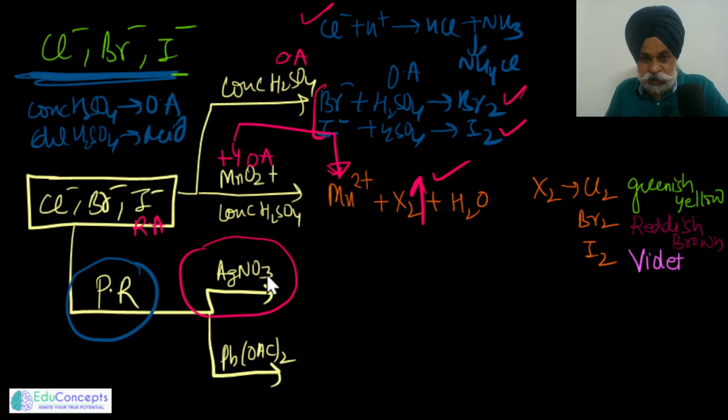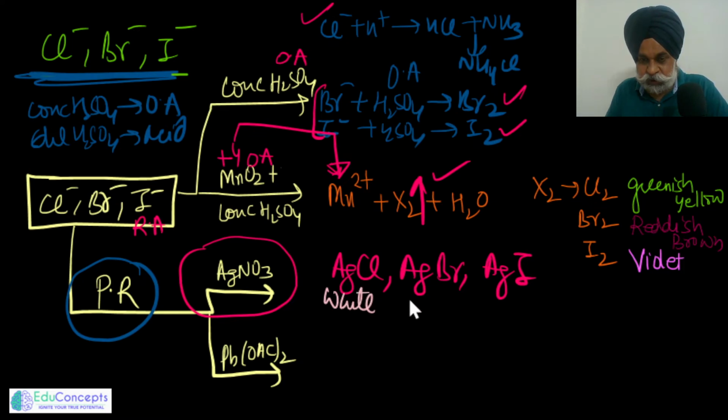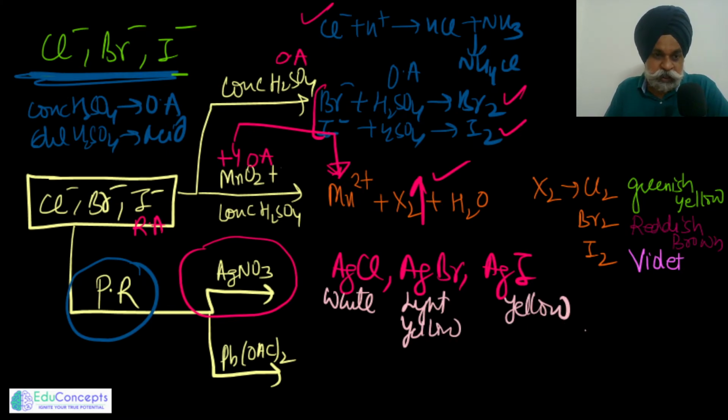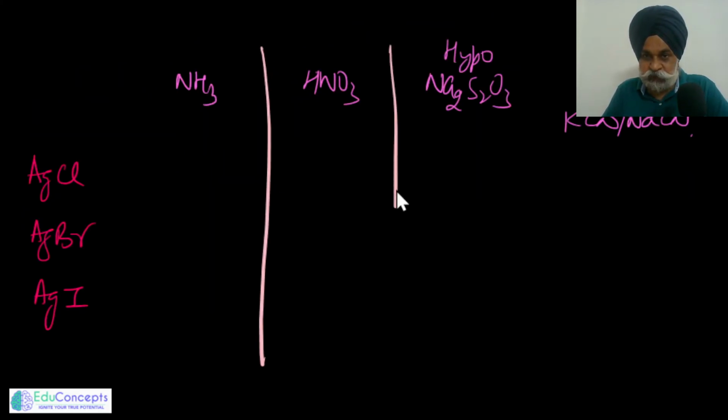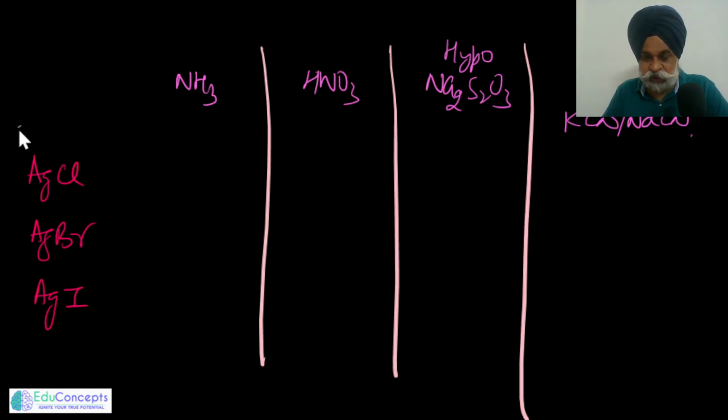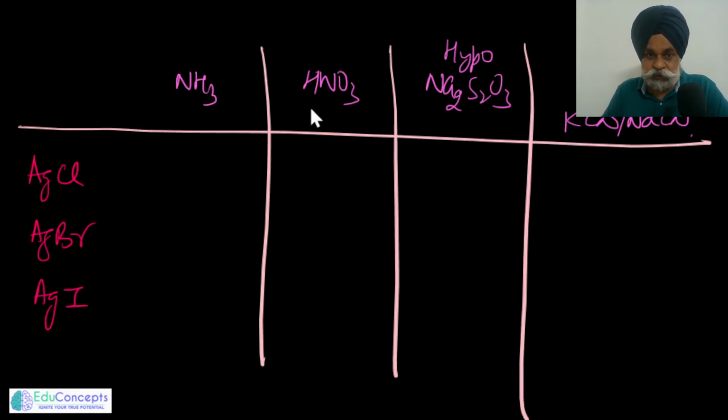So when AgNO3 is added, it would produce AgCl, AgBr and AgI, which can be distinguished on the basis of color. This is white, this is off-white or light yellow, and this is yellow. And you would see something important: this is nearly insoluble, this is partially soluble, and this is soluble.